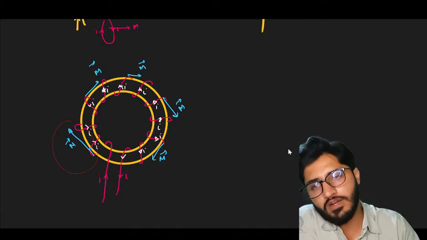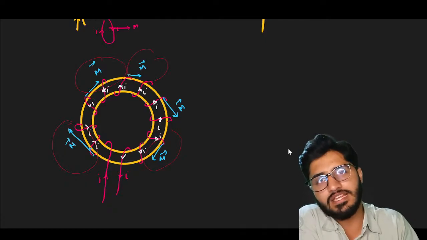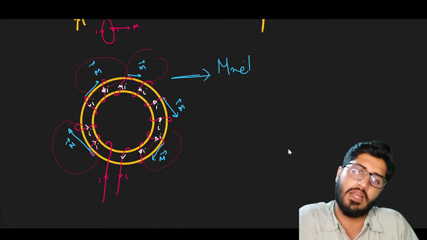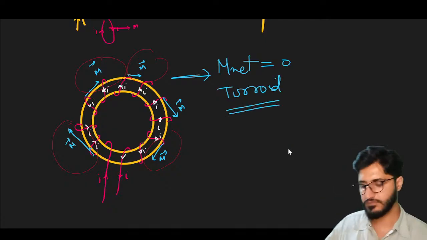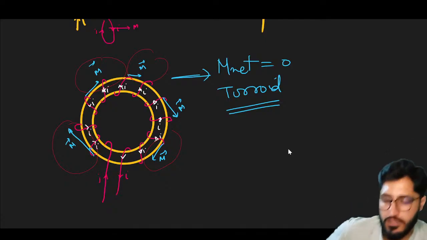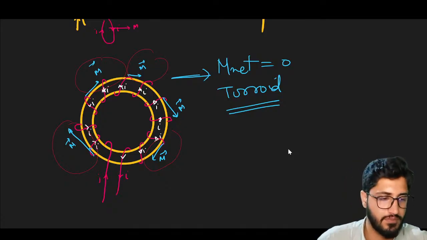Each and every one is having a diagonal component. Now, they will cancel each other's effect. So for a toroid, my M net is 0. Done?